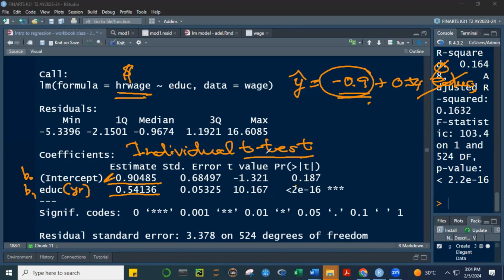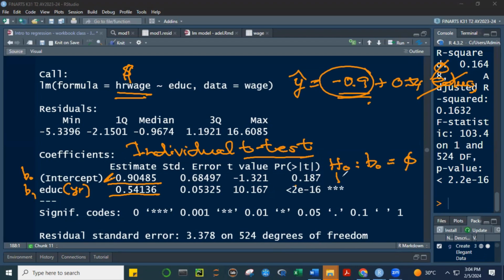So since we're talking about t-stat and a p-value, then this is actually what we call inferential stat. If you recall, class, di ba? Meron tayong inferential stat. Pag inferential stat, class, mag-i-infer na tayo. And pag inferential, meron tayong null hypothesis. The null hypothesis here is that B0 is equal to 0.